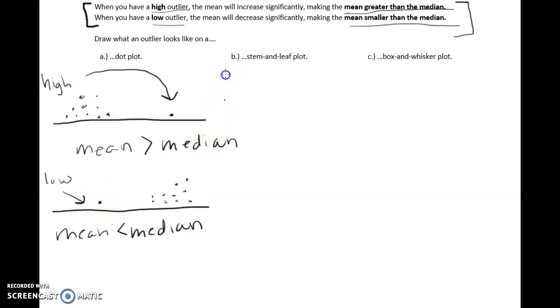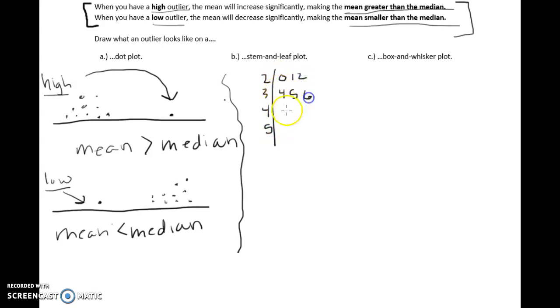All right, let's take a look at a stem and leaf plot. So a high outlier, I'm just going to keep them the same. If you had a stem and leaf plot, maybe the stems were 0, 1, 2, 3, 4, 5, 6.